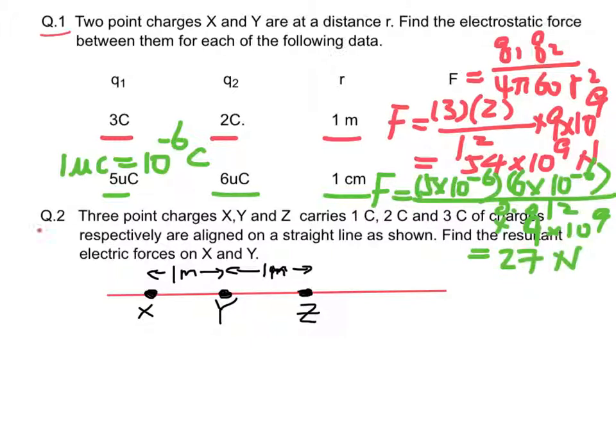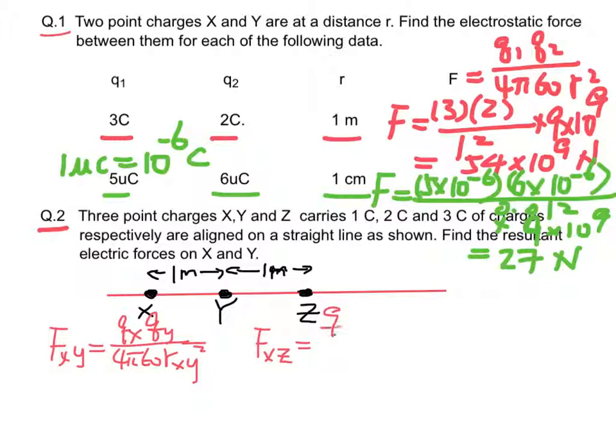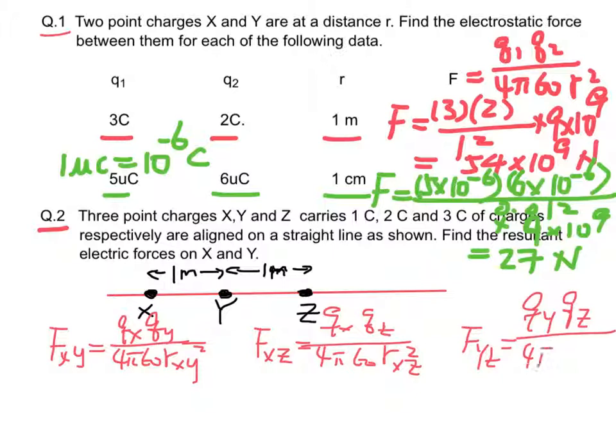Now look at question number 2. First, calculate the force between xy equal to qx qy over 4 pi epsilon r xy square, and F between xz equal to qx qz over 4 pi epsilon r xz square, and force between yz equal to qy qz over 4 pi epsilon r yz square.